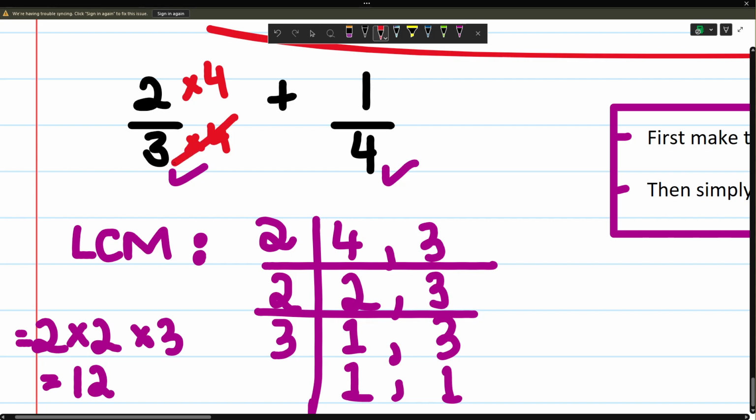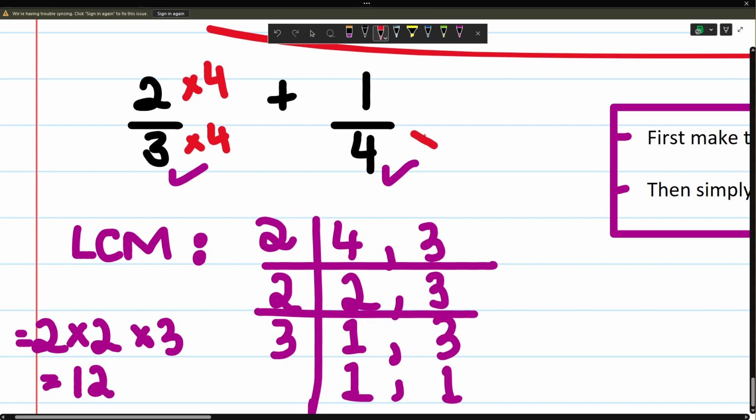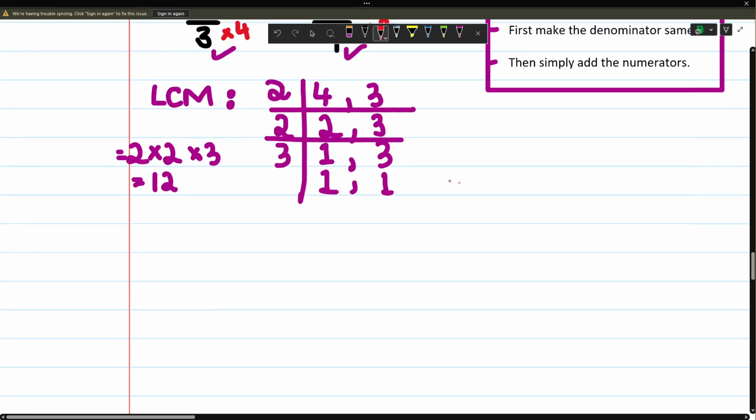So multiply by 4 and multiply by 4 can cancel each other, because of which we'll again get our original fraction of 2 upon 3. So that's why there is a rule that whatever you do in the denominator you have to do in the numerator. Similarly on the other side, we will multiply 4 by 3, because 4 3s are 12 and we need to make the denominator 12.